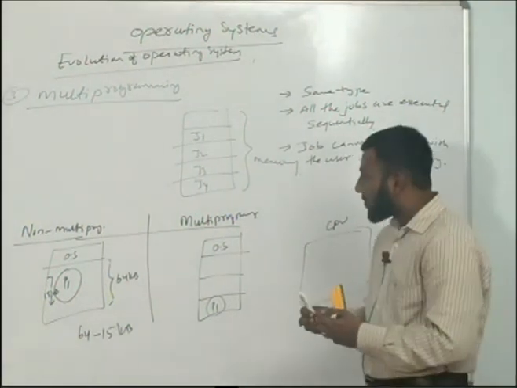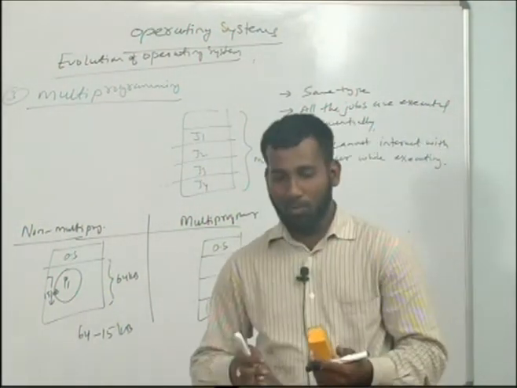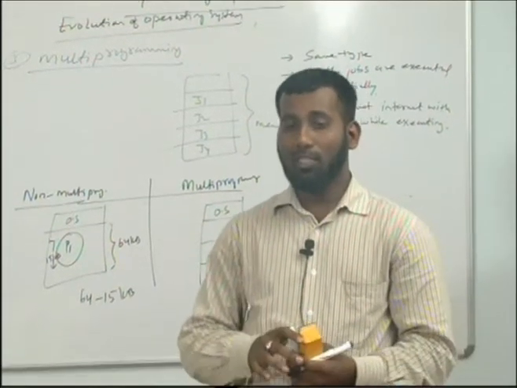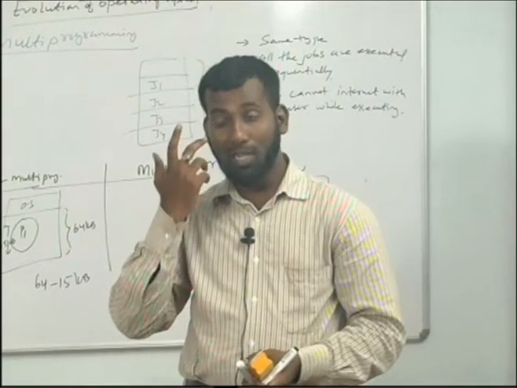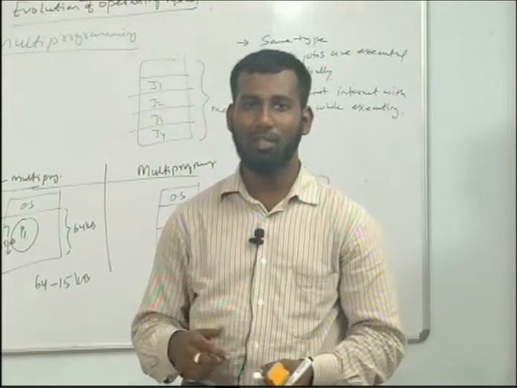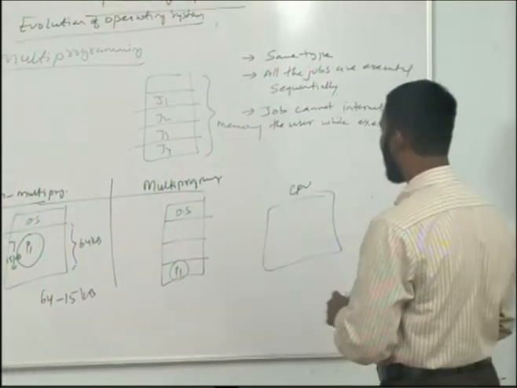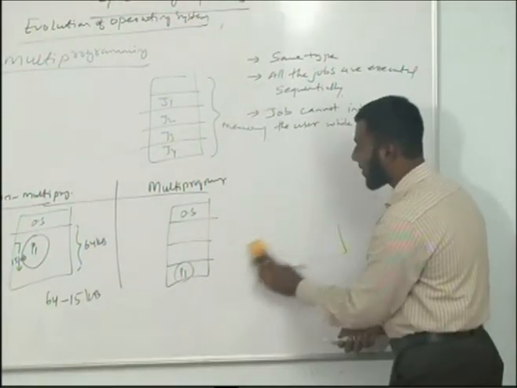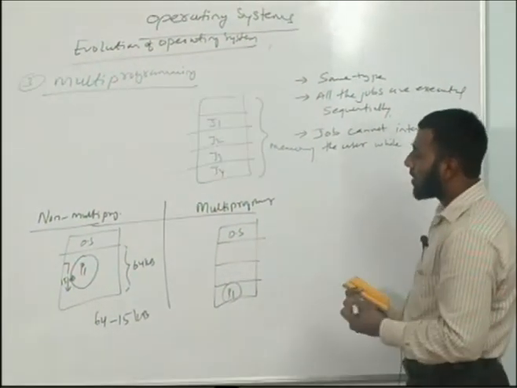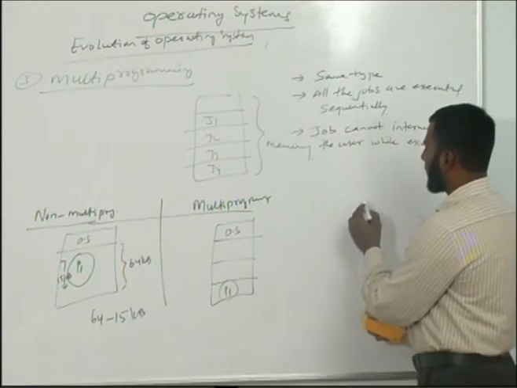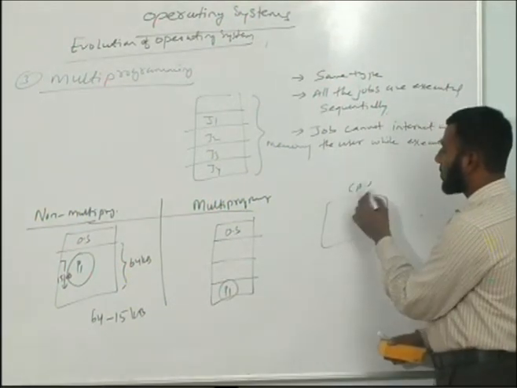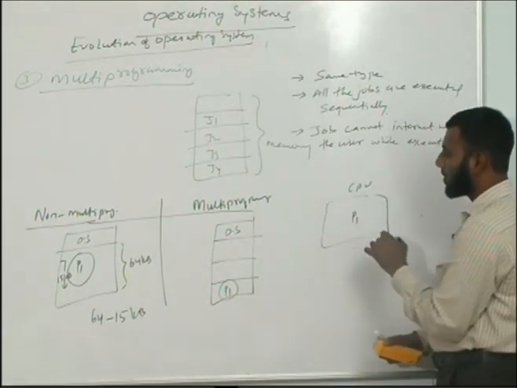Then again, we have a few drawbacks of multi-programming. Before I go to the time sharing system, which I will do in the next lecture, I would like to conclude with one more important point in multi-programming. Suppose this is your CPU and process P1 has been given to it.